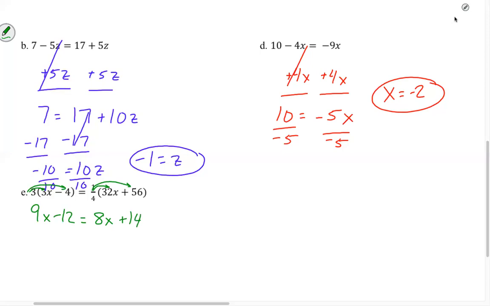Now, this problem looks just like B, okay? So I'm going to subtract 8x from both sides. I'm going to get x minus 12 equals 14. And then I add that 12. And I get x equals 26.